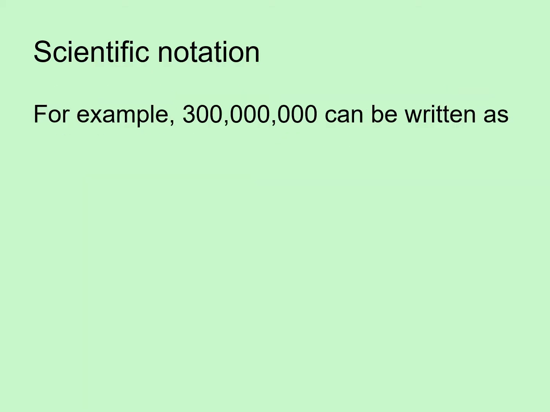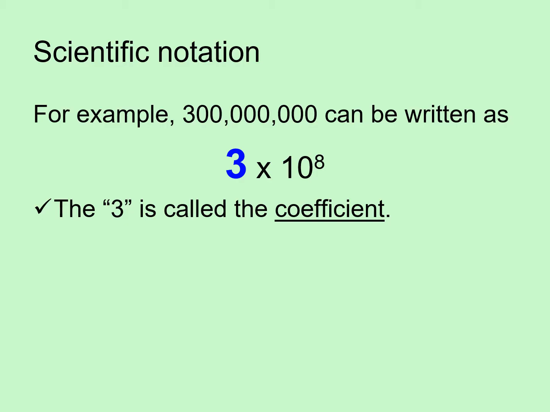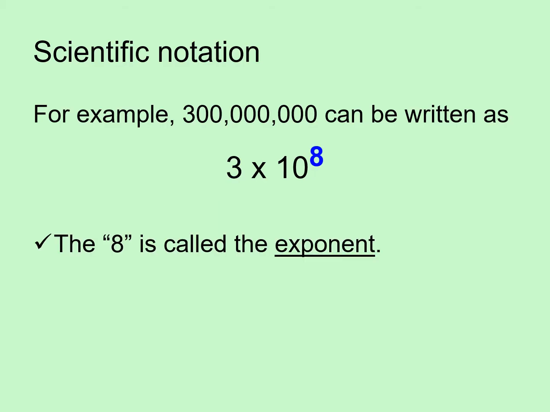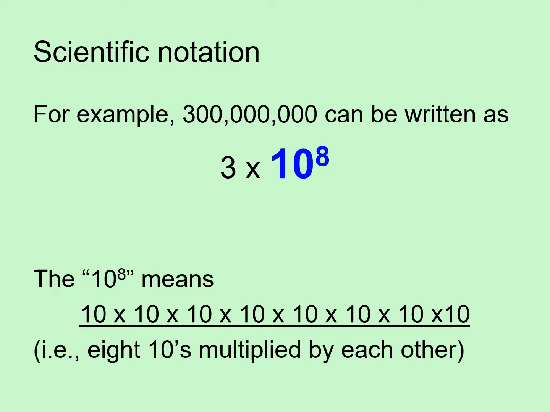So for example, here's the number 300 million. In scientific notation, we could write this as 3 times 10 to the 8th power. The 3 is our coefficient, and the 8 is our exponent. The 10 to the 8th power means 10 multiplied by itself 8 times.